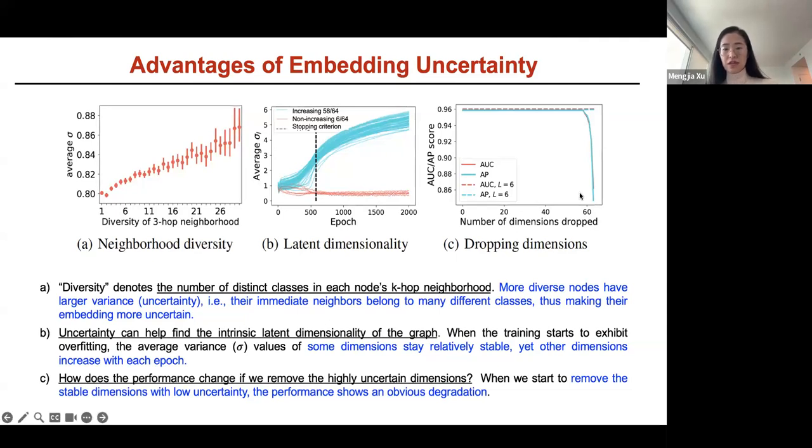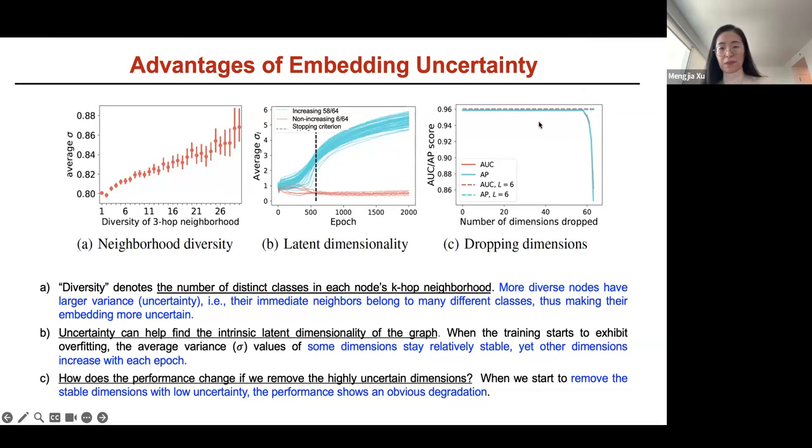And in the last figure, they did another experiment to verify this result. We have a 64 embedding size, and we keep dropping some dimensions in the latent space. We can see that in the very beginning, it is not until you drop the last 6 very important dimensions that the average accuracy score drops.